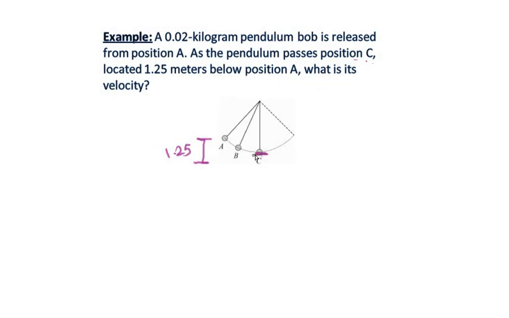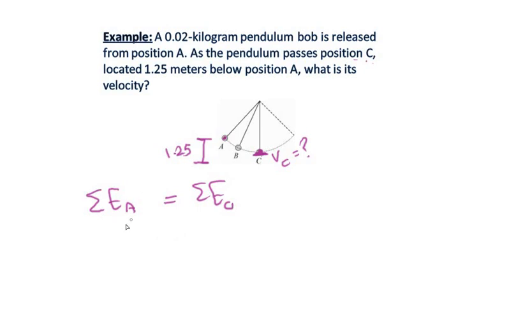So we want the velocity at point C. V at point C is missing. And the height is given from point C, which is the lowest point, to point A. To be able to calculate the velocity, we need to find the total mechanical energy at point A and the total mechanical energy at point C and compare them. Sigma E at point A equals sigma E at point C.